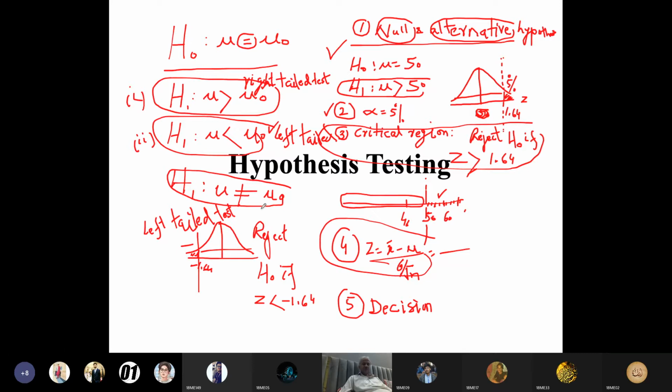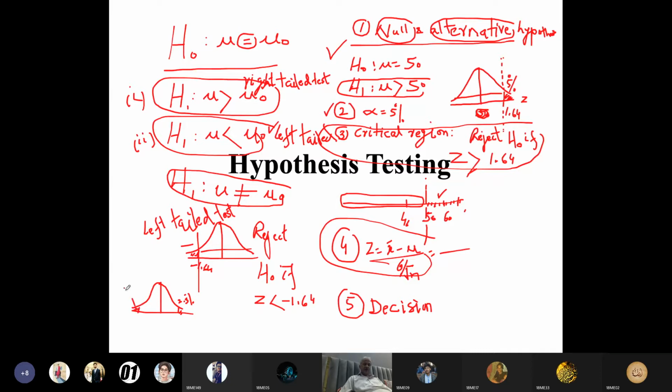Now we come to the not equal. A not equal means that half of the error goes one side and half of the error goes the other side. So you follow two tail test. Half of the error means if alpha is 5%, then 2.5% area falls on one side, the right side, and 2.5% area falls to the left side.